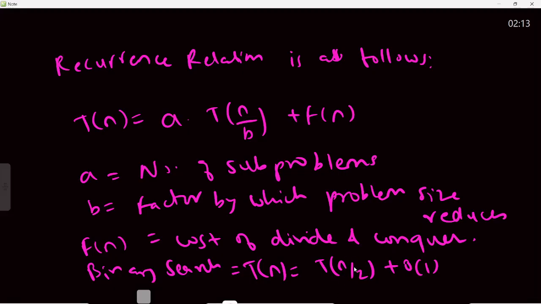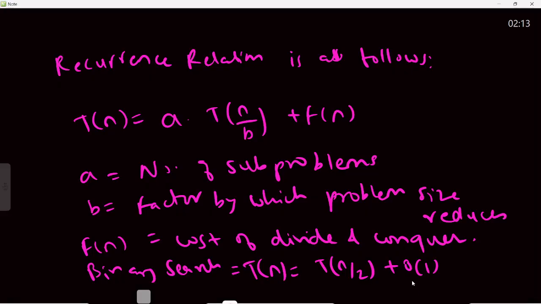Then the factor by which we are reducing the problem is 2. In binary search you would have observed that for every iteration we are reducing the array by 2, means the array becomes half.